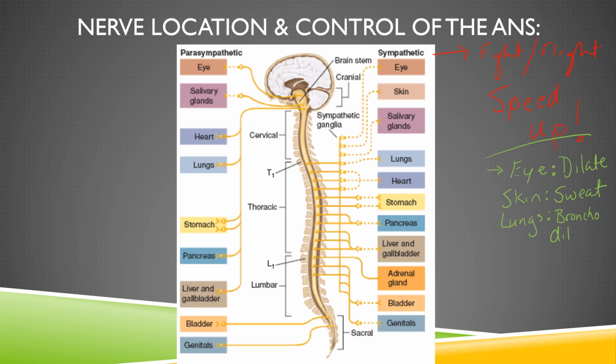We need them to dilate because we need as much oxygen coming in as possible to feed those skeletal muscles. We want to run really fast. So guess what happens with our heart rate? Our heart rate in a fight or flight situation is going to increase. So the heart rate's going to speed up. That's going to allow us to get that oxygen down to the legs so that we can run faster.